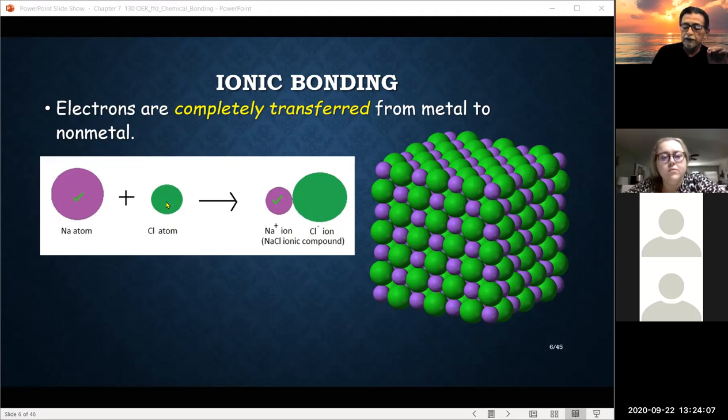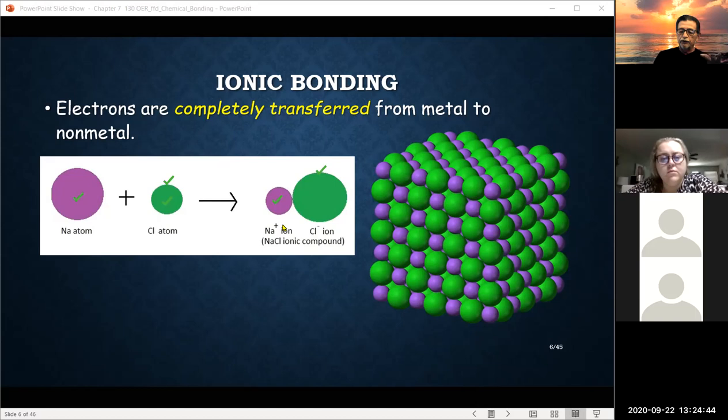When we look at the nonmetal, and let me put it up here so you can see it, in this case chlorine, and when it gains an electron, its new diameter of the ion gets bigger because it has now an extra electron, which now everybody's repelling because there's another negative going into the orbital, and negatives repel, so that diameter gets bigger. The radius for the anion gets bigger.